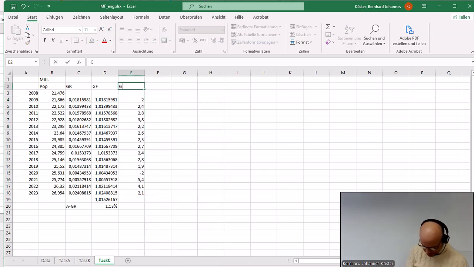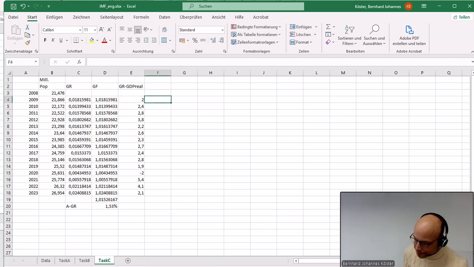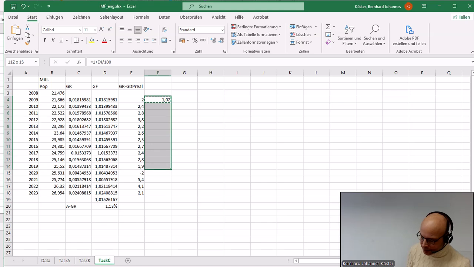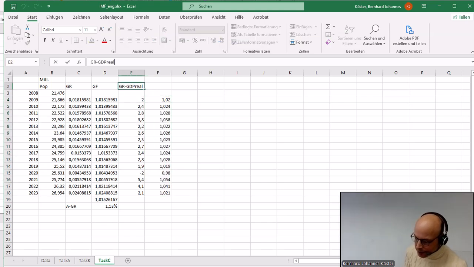This would be the growth rate, GDP real. Again, the growth factor. Be careful, it's given in percentage, so dividing by 100 again. This I should provide here also.